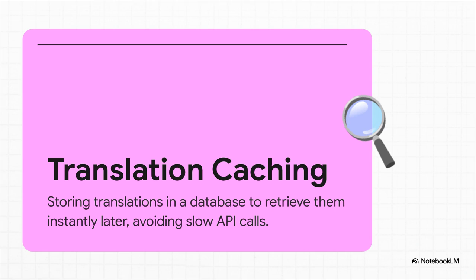Once the system gets a new translation back from that expert call, it doesn't just use it and toss it. No way. It immediately saves that result into its own cache. What does that mean? It means the entire system gets smarter and faster with every single document it processes. It will never have to ask for that same exact translation ever again.